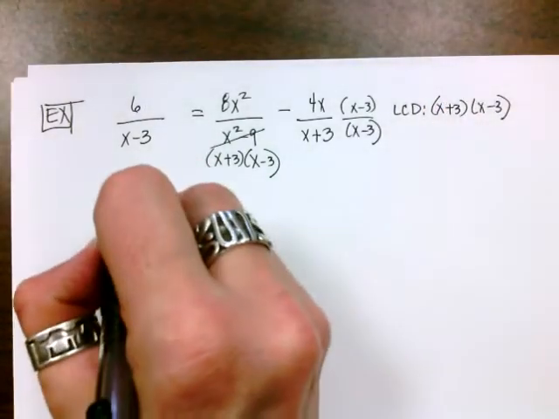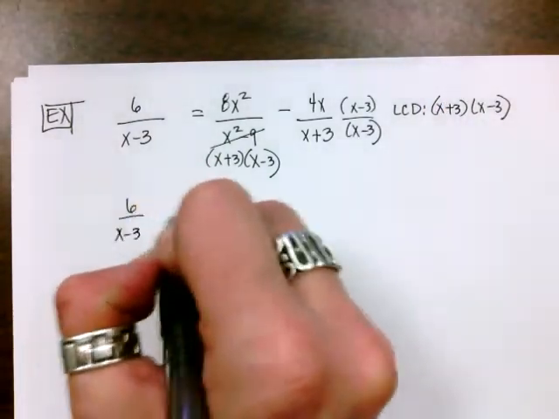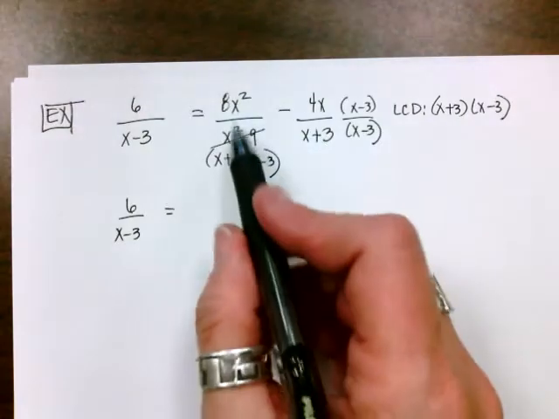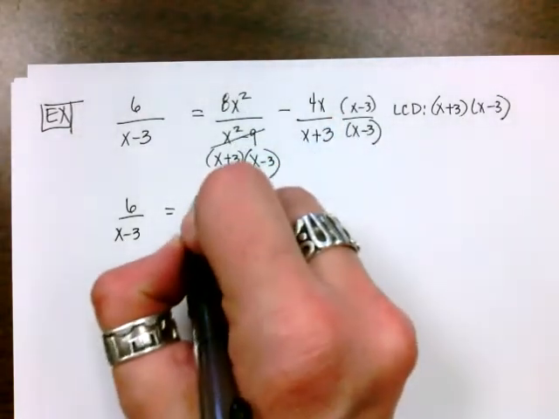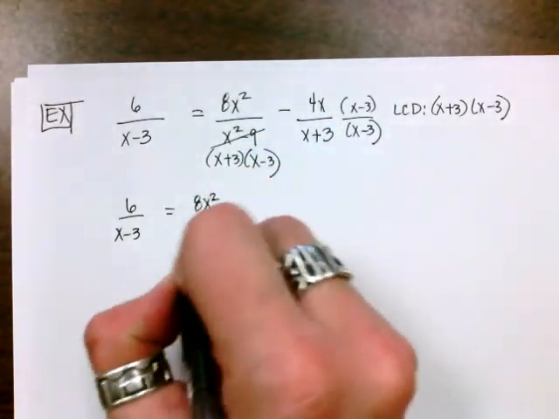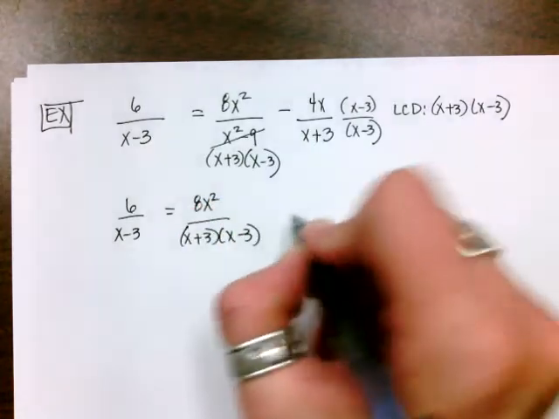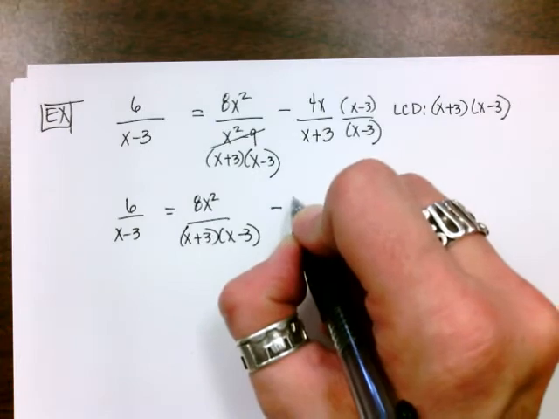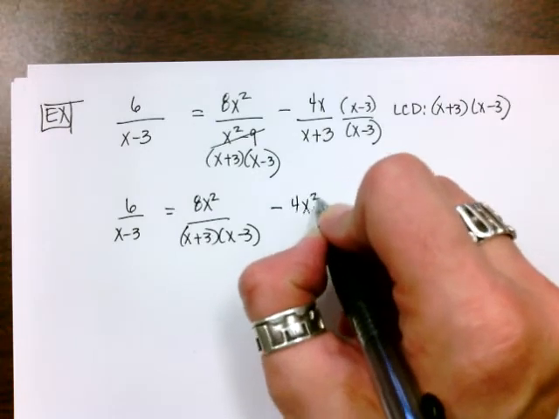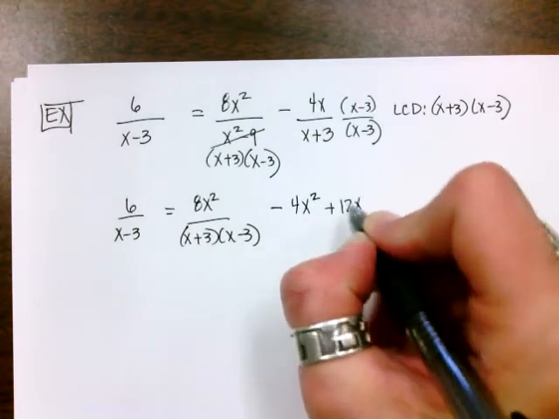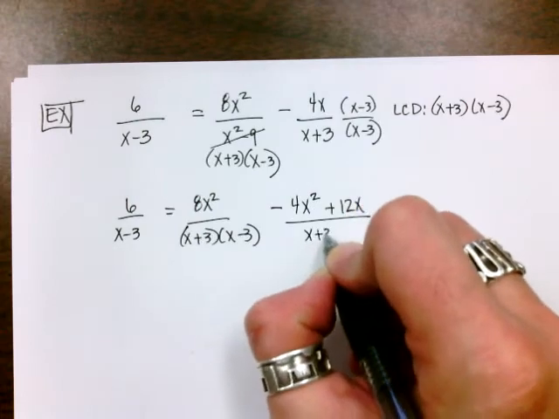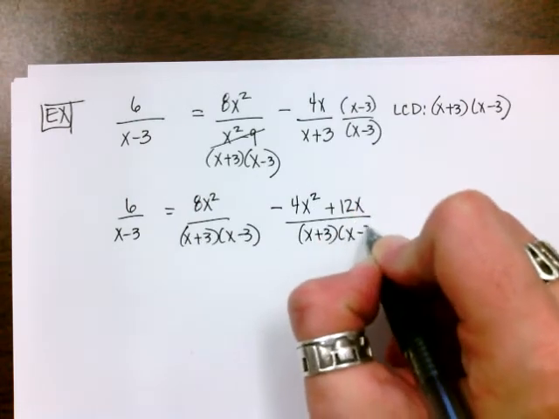Okay? So I'm going to write my 6 over x minus 3. My first fraction has everything, so I'm going to leave it alone, over x plus 3 and x minus 3. And then here's my negative 4x squared plus 12x over x plus 3 and x minus 3.